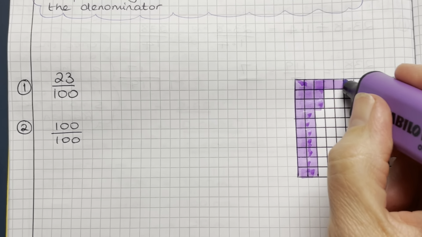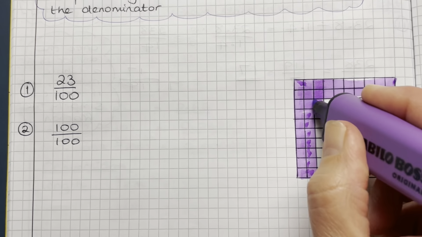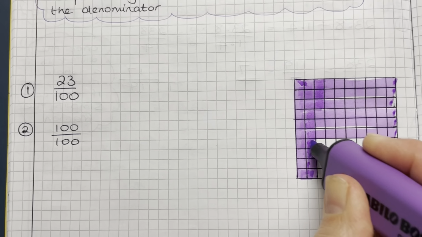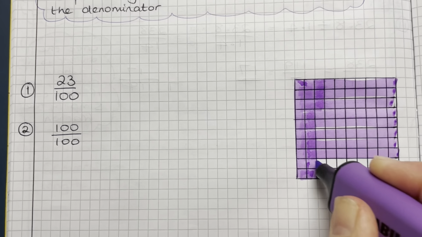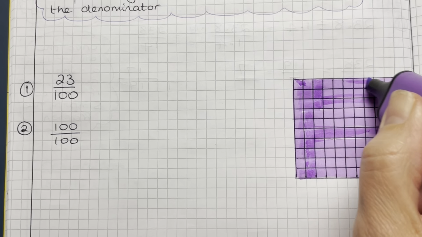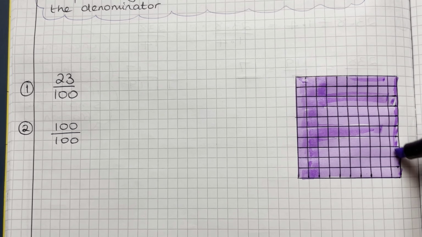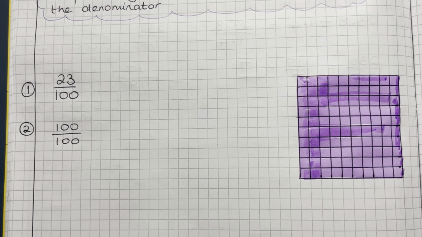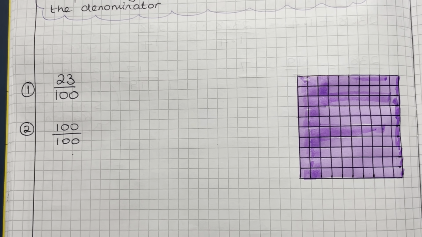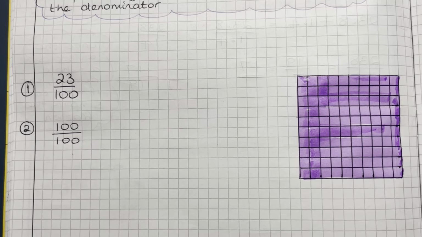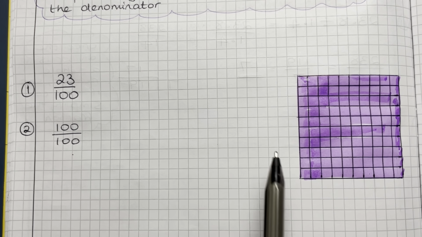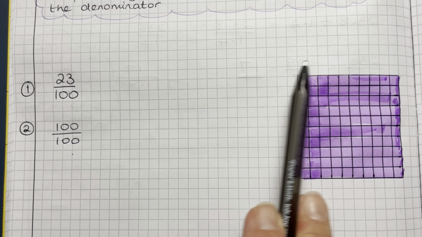Well, that's nice and easy, isn't it? For my colouring, I can just shade them all in now. So I've got all 100, there you go, not missed any out, all 100 of my squares shaded. So I can now say that 100% of my squares are shaded, so 100% represents the whole amount, or 1.